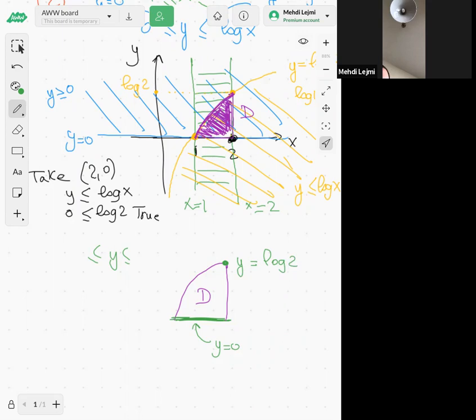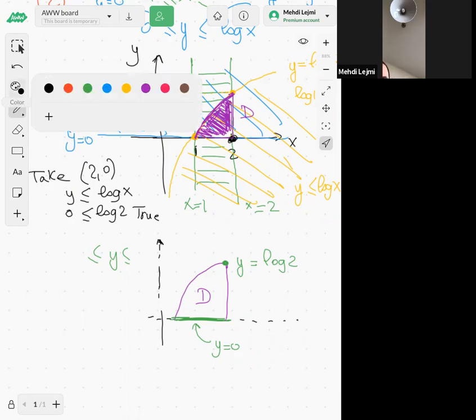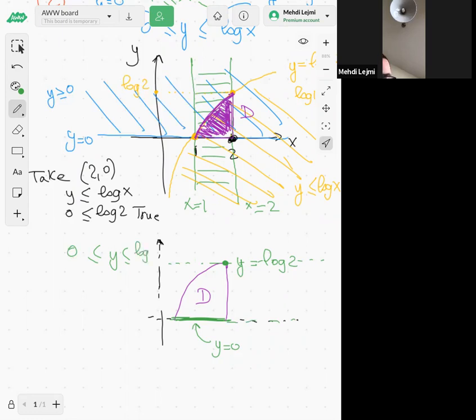So again, you want to fix y between two constants. So at the bottom we have y equals 0, and at the top you have y equals log of 2, right? So your y is between 0 and log of 2.